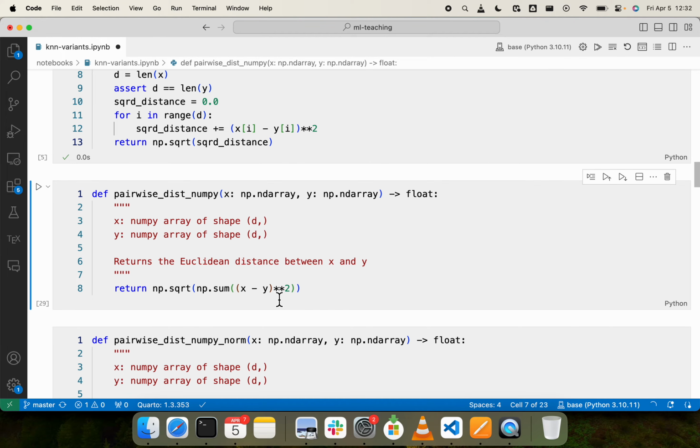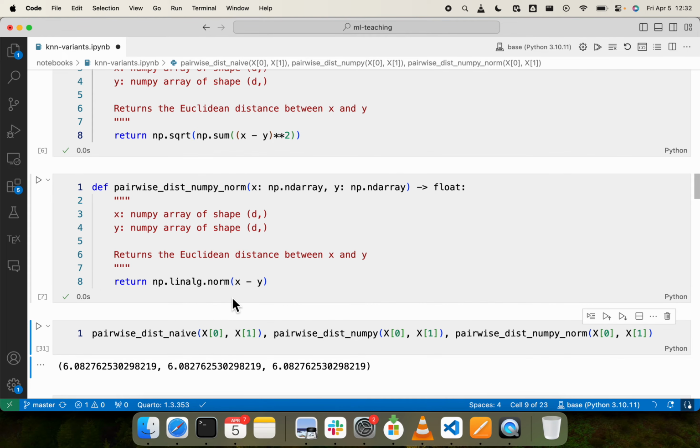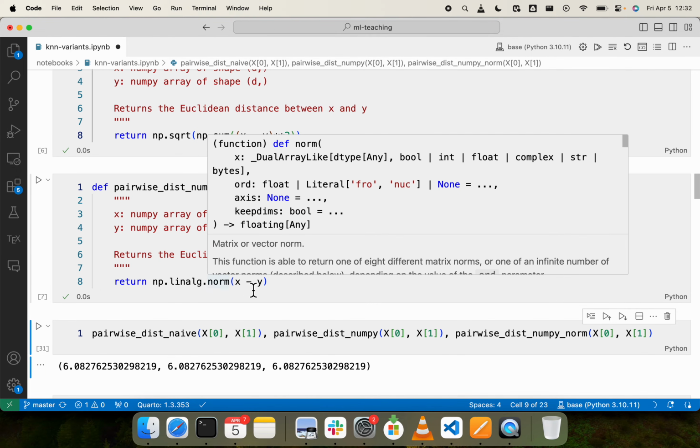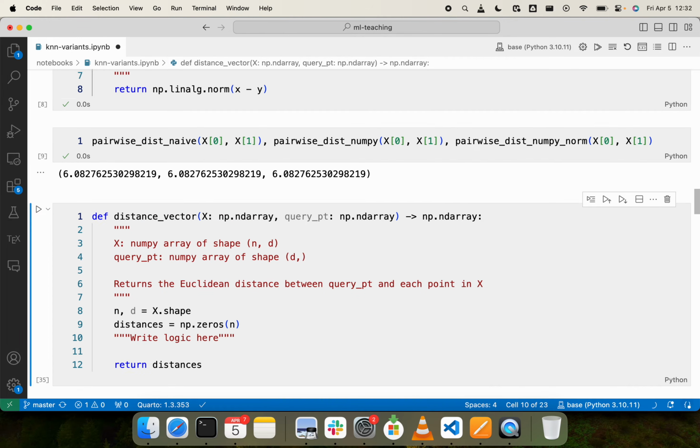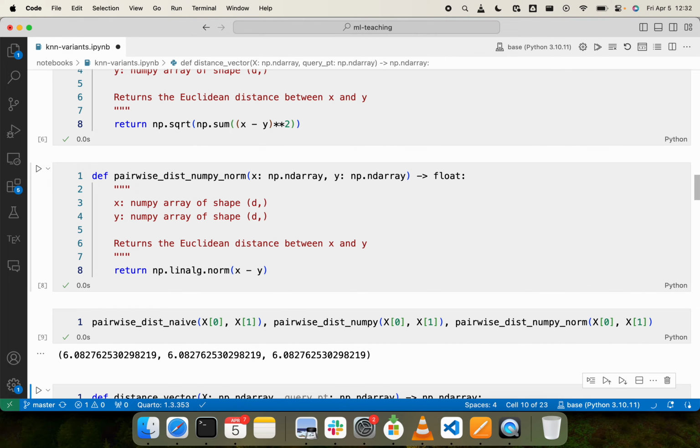I can just do (x minus y) squared and find the square root, or I could do the L2 norm of the x minus y vector. All of them should give me equivalent answers. So I would always suggest we do these kinds of sanity checks. Given some simple data, we ensure that the different algorithms give you the same answers.